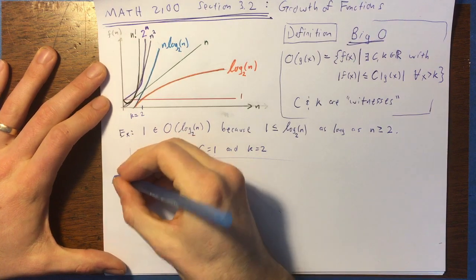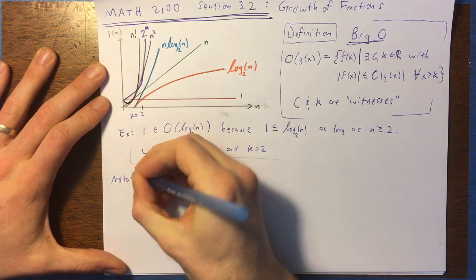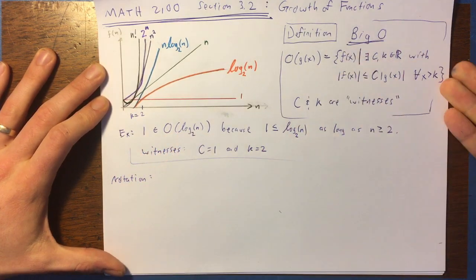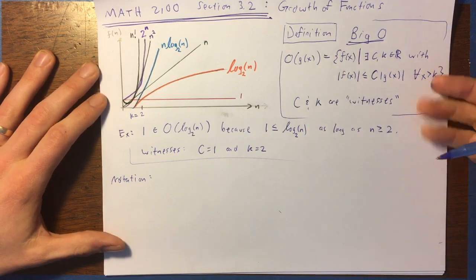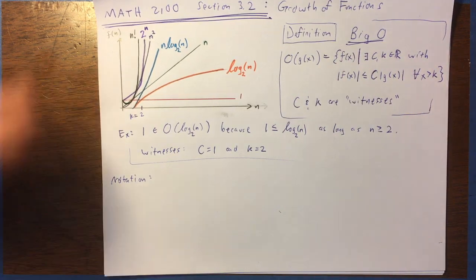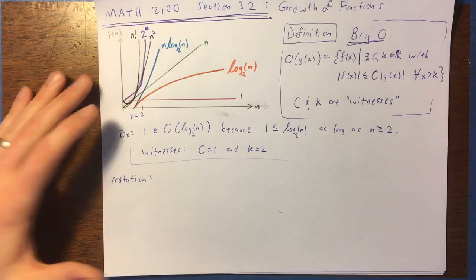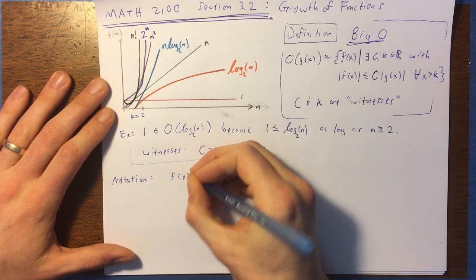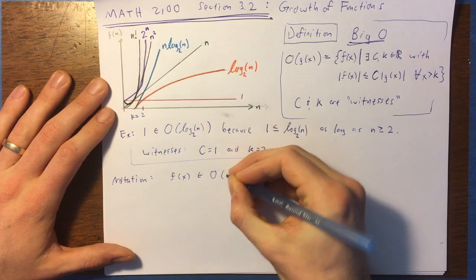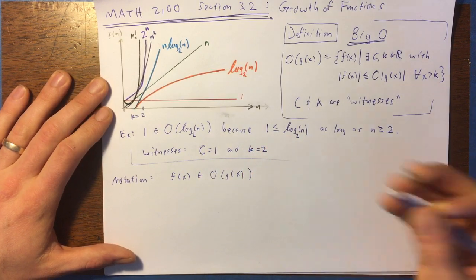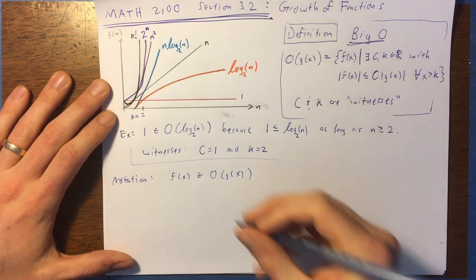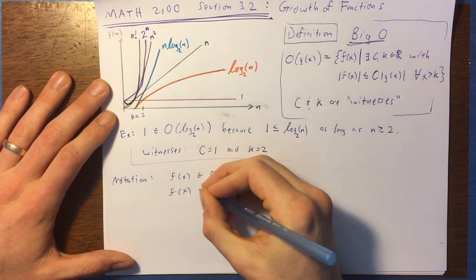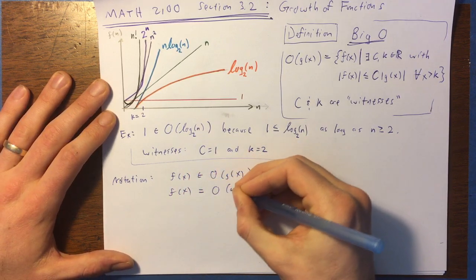So a couple notes on notation. With this definition, where big O of a function is defined as a set of functions that are slower or equal in rate, we would say f of x is an element of big O of g of x, right? That's how you say that. But you'll also sometimes see people write f of x equals big O of g of x.